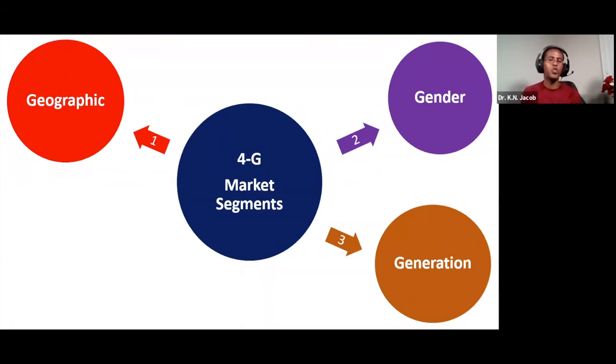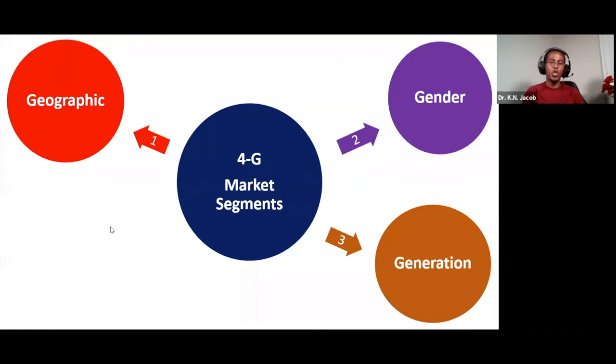Then we have Generation Z, in Africa and in America, 1996 to 2009. And finally, we have the Alpha generation, 2010 to 2025. Any child who will be born until 2025.